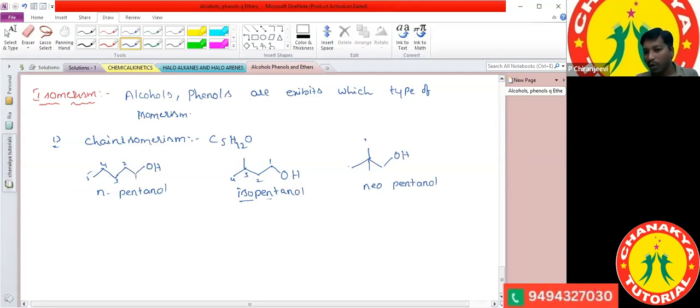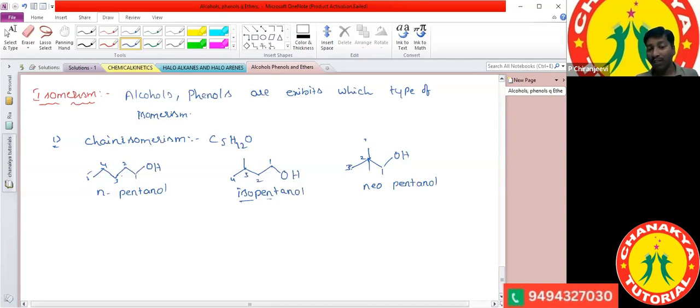What is meant by neopentanol? If the last but one carbon atom is attached to 2 alkyl groups, that is, 2 methyl groups, we call it neo. The total number of carbon atoms is 5, so we call it neopentanol. In a straight line, we have only 3 carbon atoms.